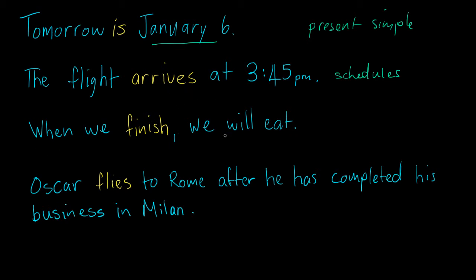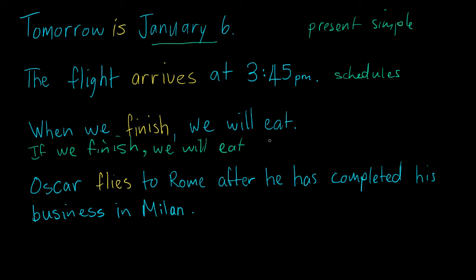"When we finish, we will eat." So here we have a time clause, "when we finish". You could have also used a conditional here. So if I was to write "if we finish", you're not so sure now if you will finish. So "if we finish", same as "so we will eat".